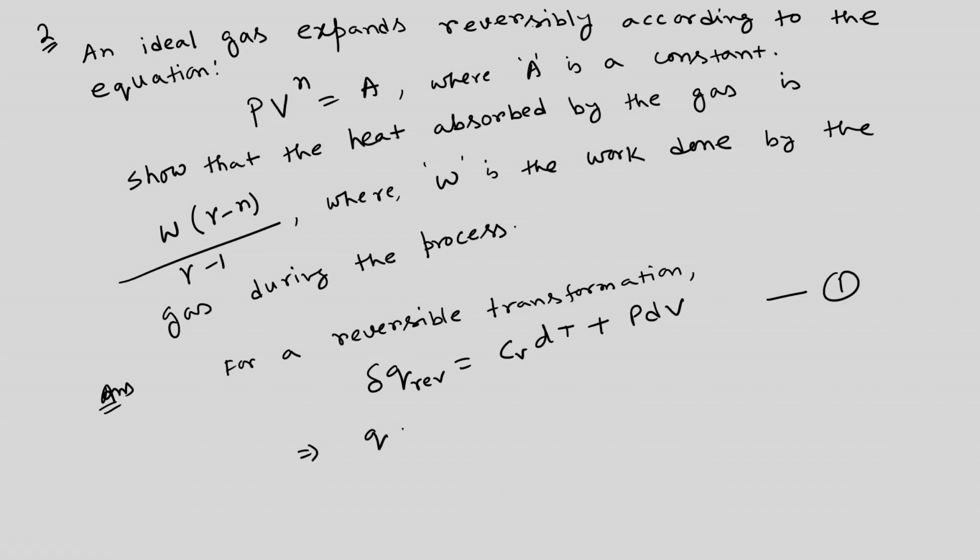Okay. So, we get Q reversible is Cv integral of dT from T1 to T2 plus integral of P dV from V1 to V2. Here T1 is the initial temperature and T2 is the final temperature, and V1 is the initial volume and V2 is the final volume.